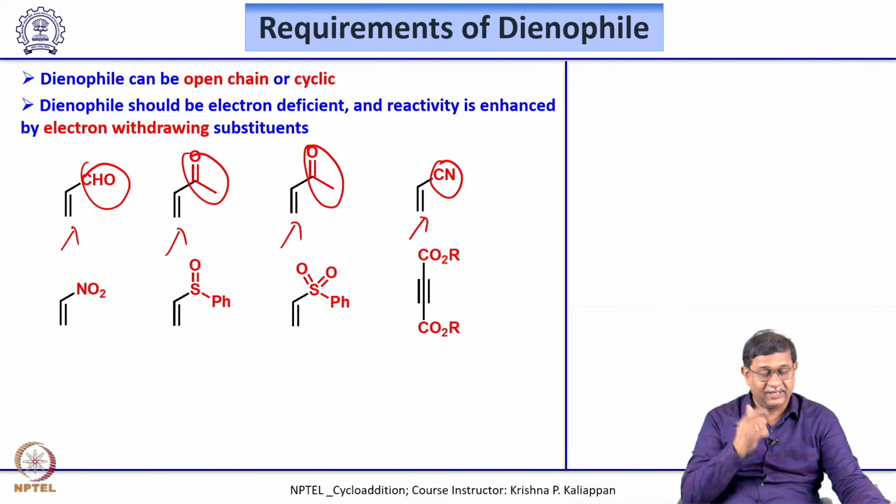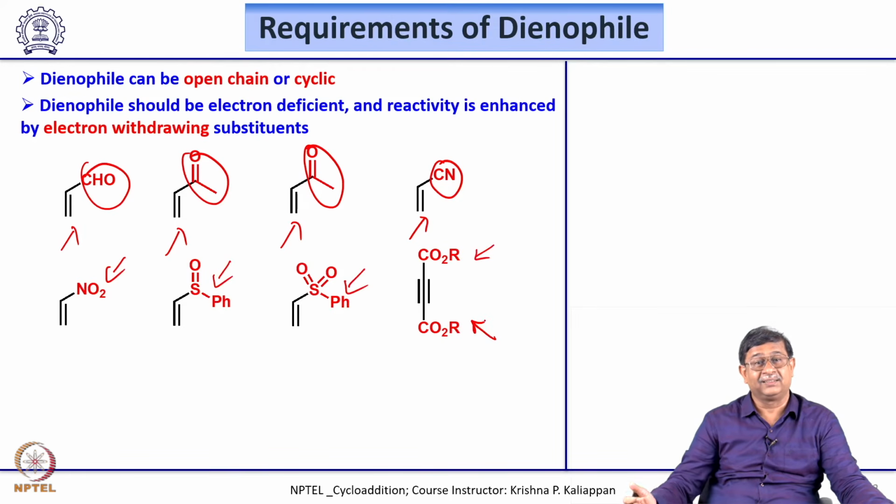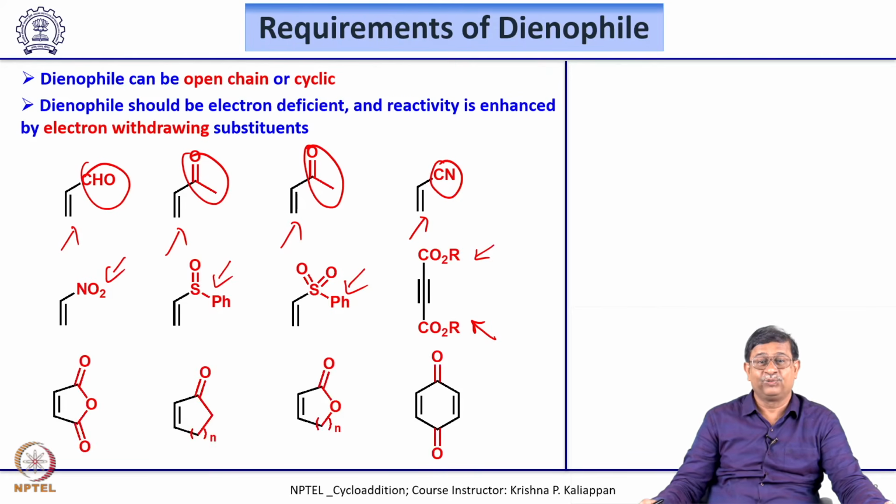Likewise, now you have a nitro group, sulfoxide, sulfone, and in this case you have ester at both the carbons. So they all can act as a very good dienophile in normal 4+2 cycloaddition reaction. Okay.